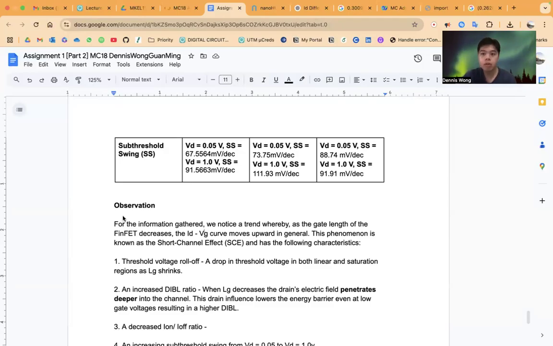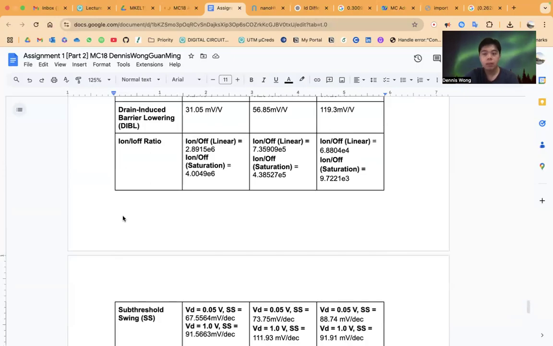There are several reasons why this phenomenon is happening, but the main reason is that as we decrease the length of the gate, the drain is able to penetrate even better into the channel. So the electric field of the drain is stronger and is able to penetrate into the channel compared to when the gate length is longer.